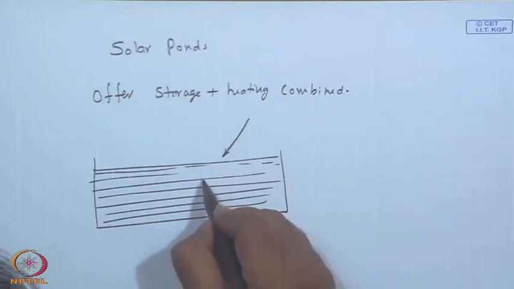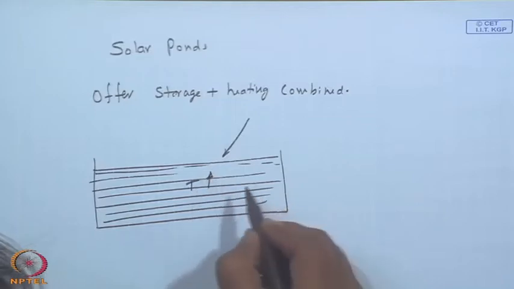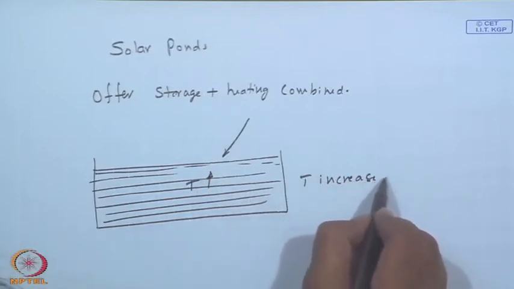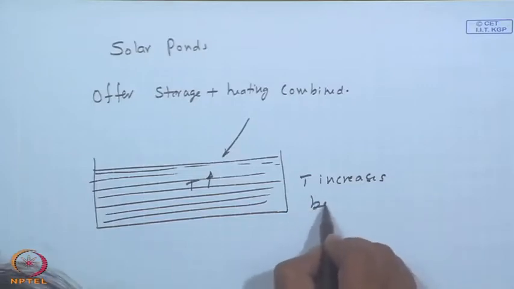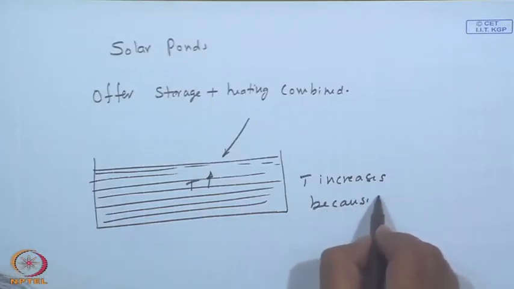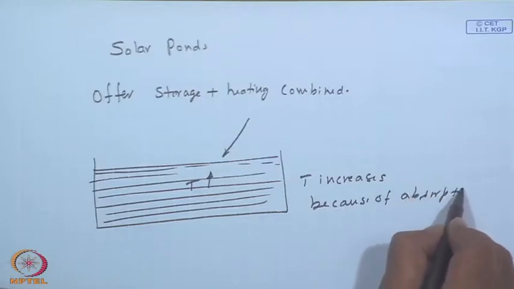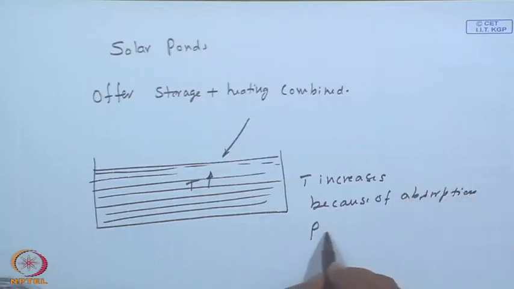So, the temperature increases because of absorption. So, rho decreases.